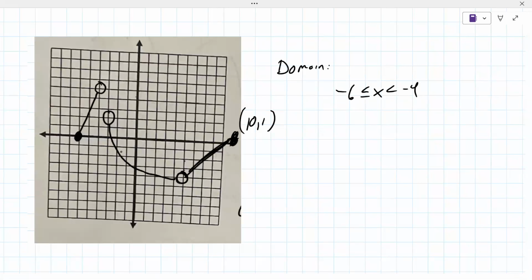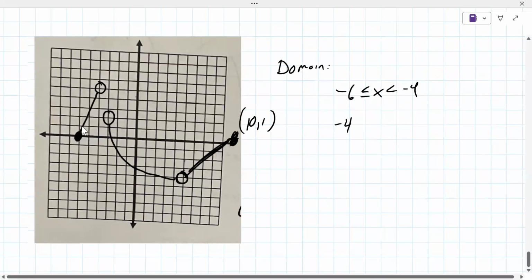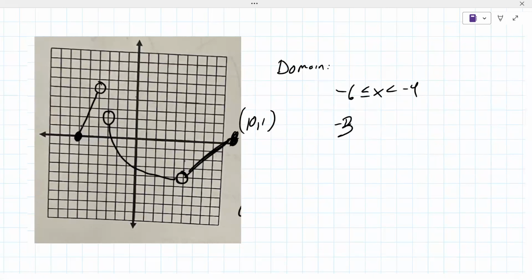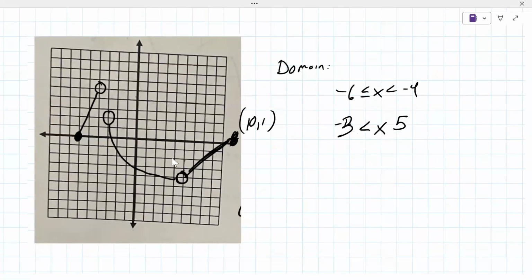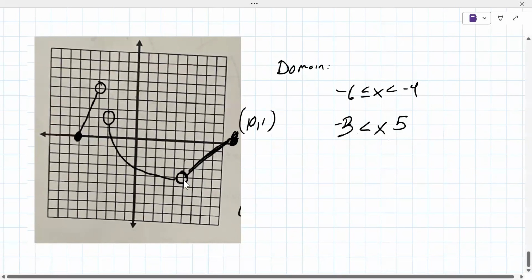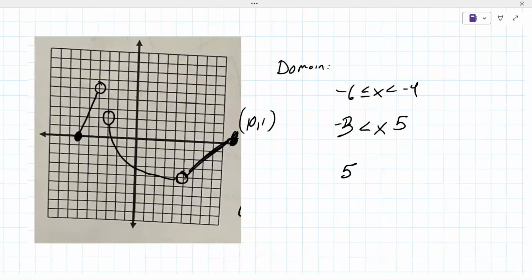The next piece goes from -3 all the way to +5. But see how it does not include the 5? And then it goes from 5 to 10. And 10's included.